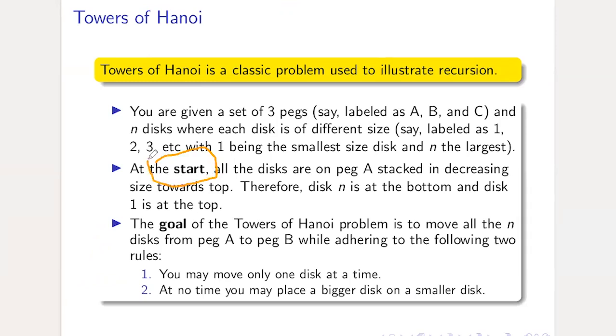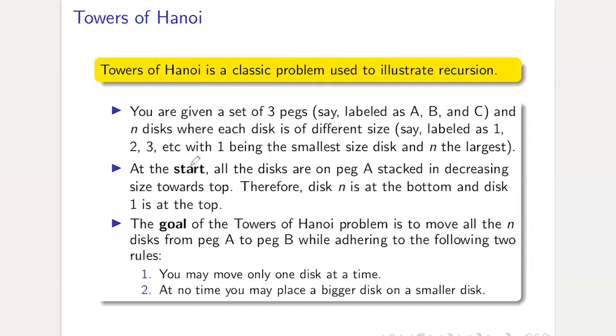Remember earlier we were discussing problem solving, and one thing we want to focus on is how to start. Let's look at what is the data you get. Here the data you get are the 3 pegs, the n disks and the initial configuration.